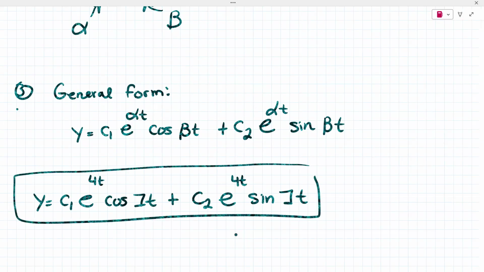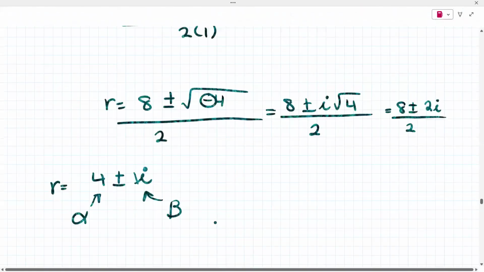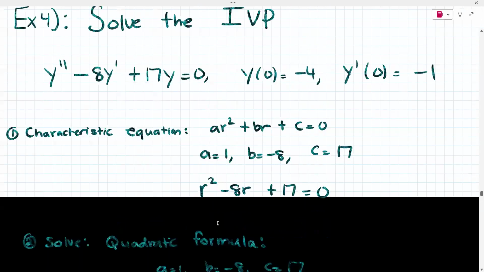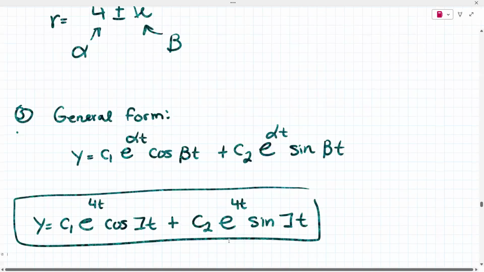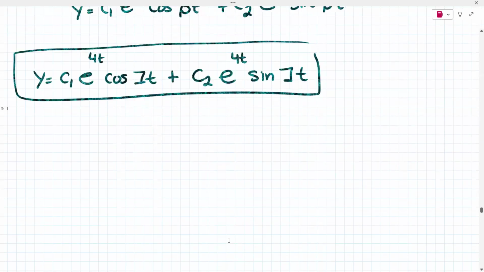But I think we were given initial conditions, right? Yes, we were given initial conditions. So we're going to have to somehow find our C1 and our C2. Also note that we don't have any transient terms since they will never go to 0.